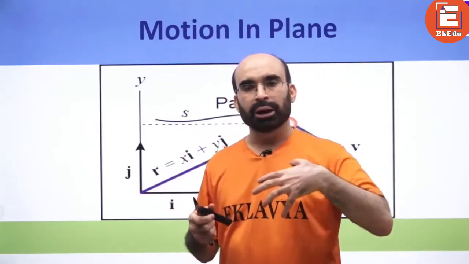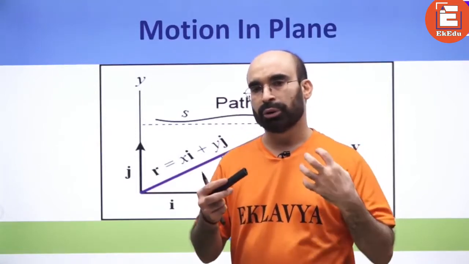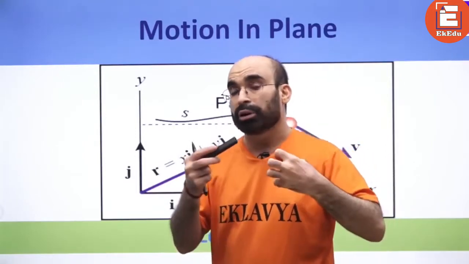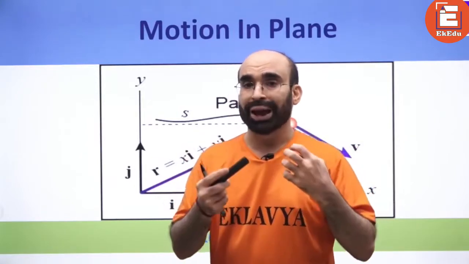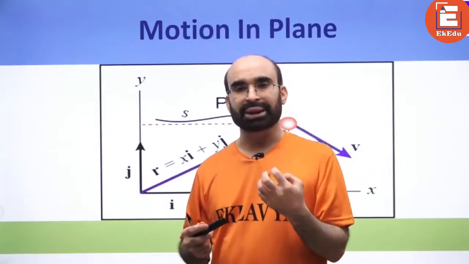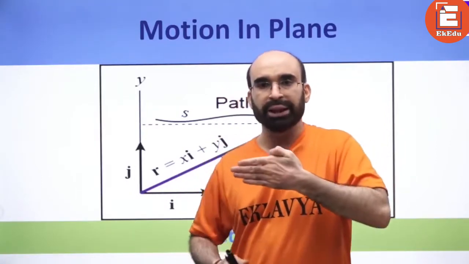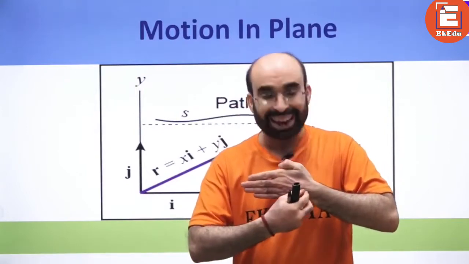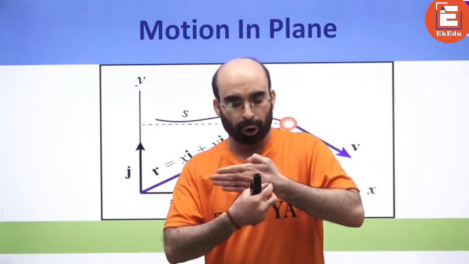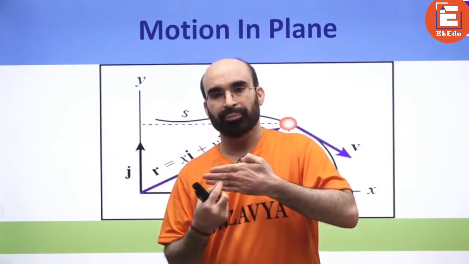Now visualize the way motion of a football is considered. That can be considered as 2D. Suppose this is the plane, and in this plane you have kicked the football, it goes up like this on this plane, right?